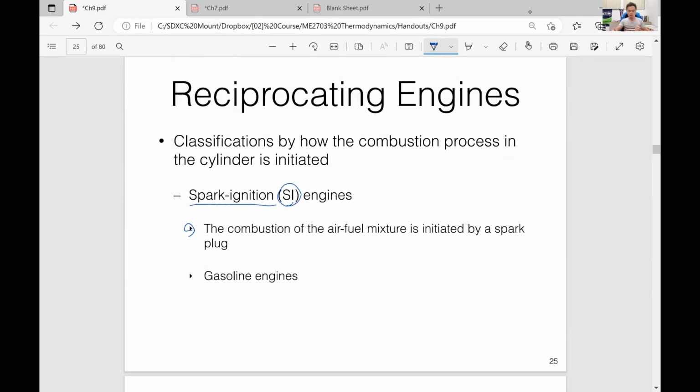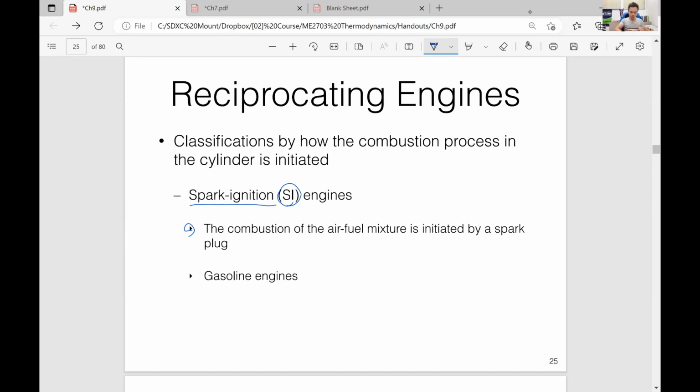See this. The combustion of the air-fuel mixture is initiated by a spark plug. A spark plug is there to spark, and a spark is very similar to lightning. When you fire a spark plug, you initiate lightning, which is a very high density of energy injected somewhere, right?